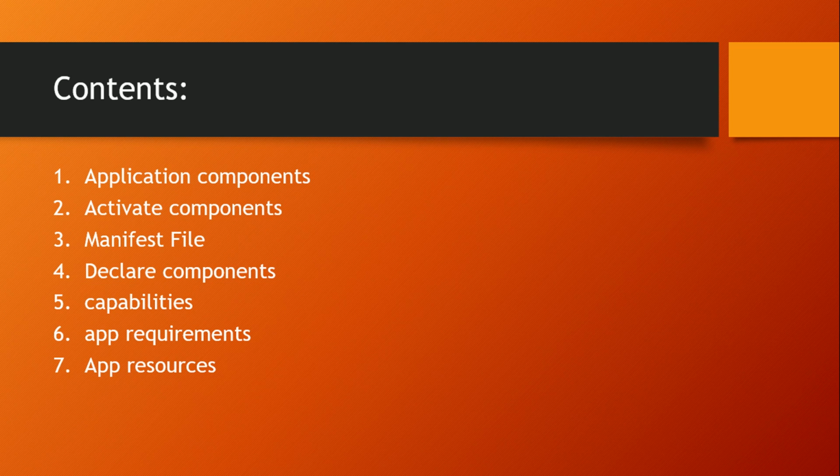After that, how to activate those components in any application. And we will also go through the manifest file, what it is used for and what it basically is. After that, we will see how to declare the components in that manifest file.